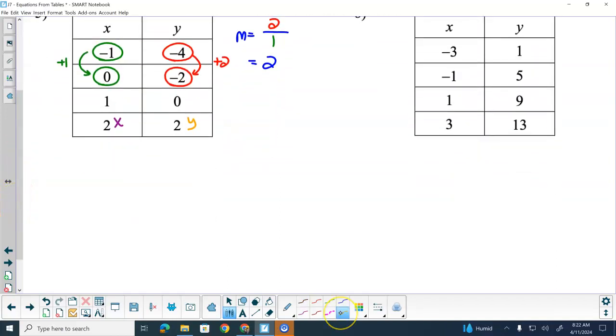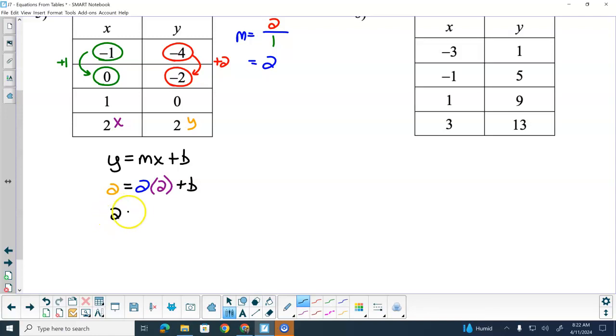So you just told me that this 2 is equal to that 2 times this 2 plus b. Right? 2 times 2 is 4.